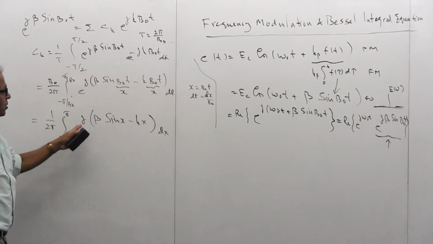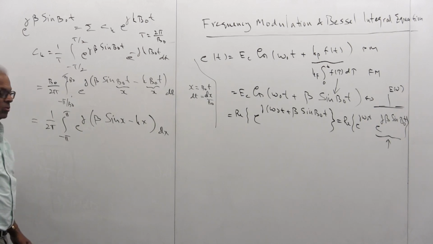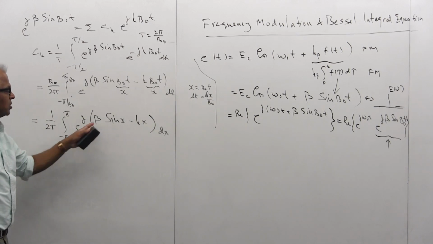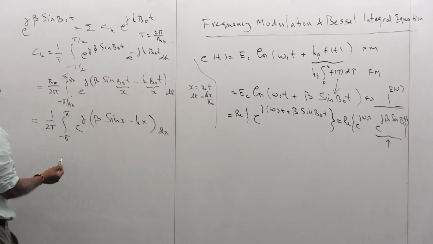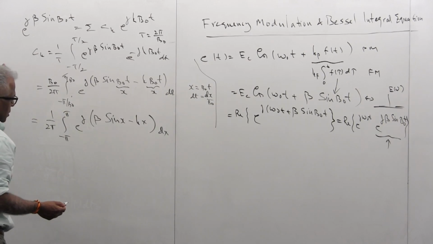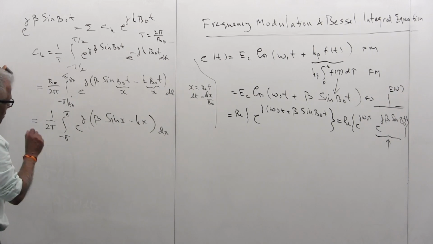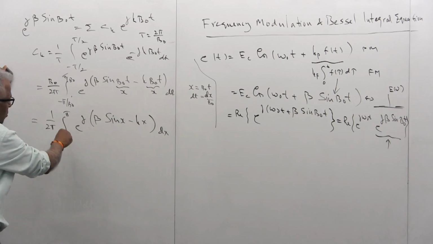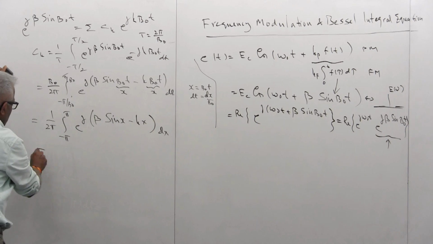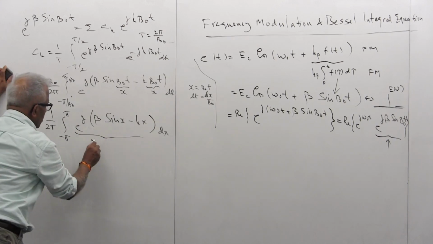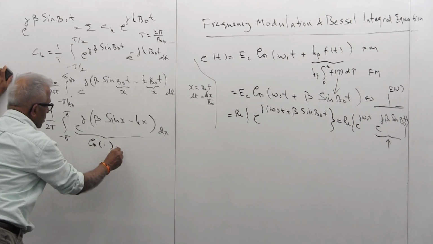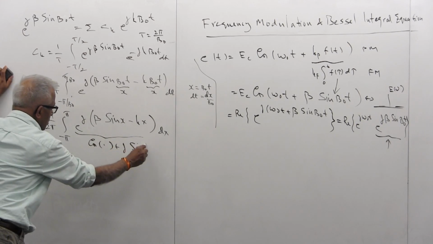And this has two parts, cosine and sine. The cosine part is an even function. The other part, the imaginary part, is an odd function, and if an odd function is integrated over a symmetric interval, that goes to 0, because this is cosine of this plus j sine of this.